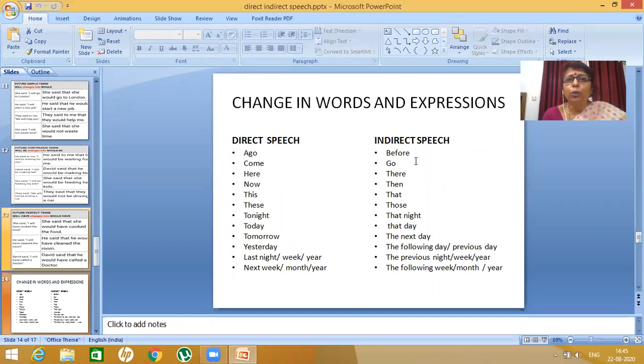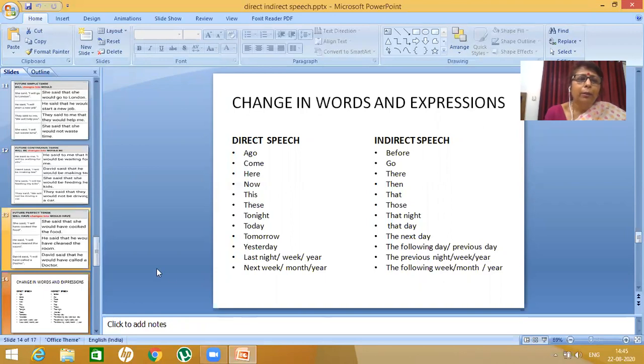As you can see, come changes to go, here to there, now to then, this to that, these to those, tonight to that night, today to that day, tomorrow to the next day, yesterday to the previous day, last night, last week, last year to the previous night, the previous week, the previous year, and next week, next month, next year will change to the following week, the following month, the following year.